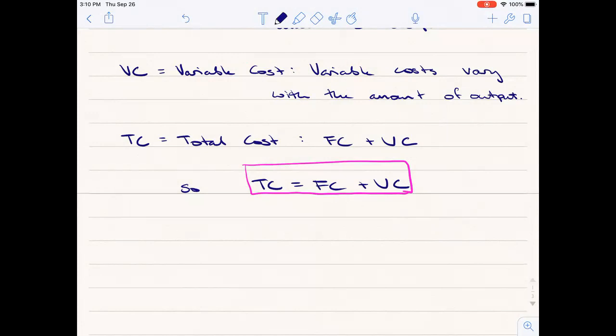Now we need some way to denote how many units we've sold, and we're going to denote that by a lowercase x, because we're going to be able to plug in some value of x and figure out what our profit is.